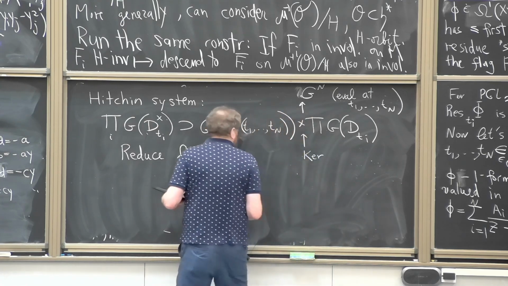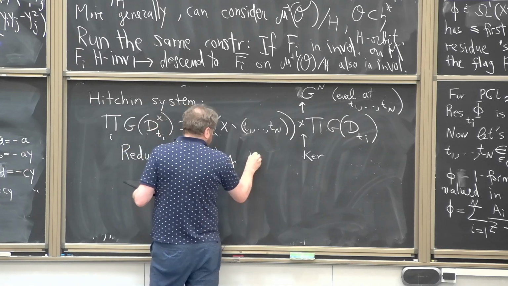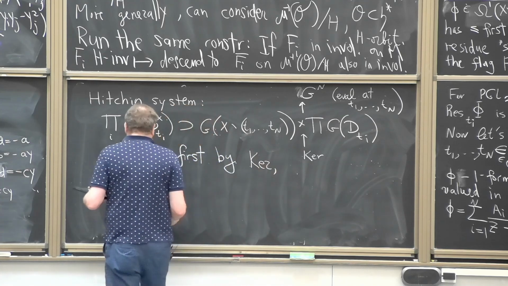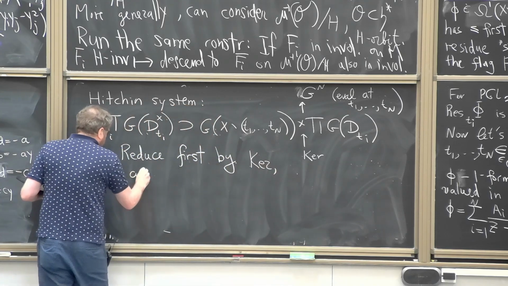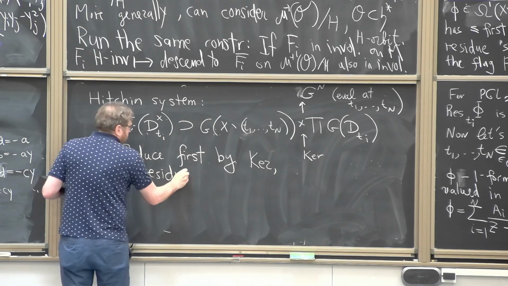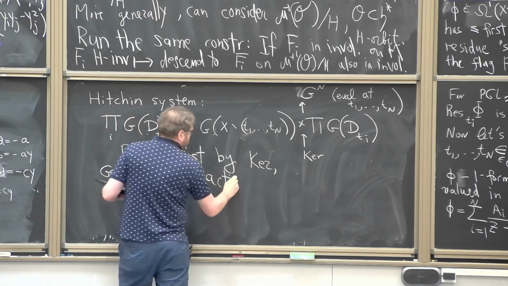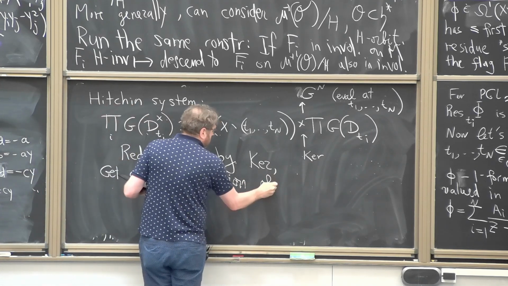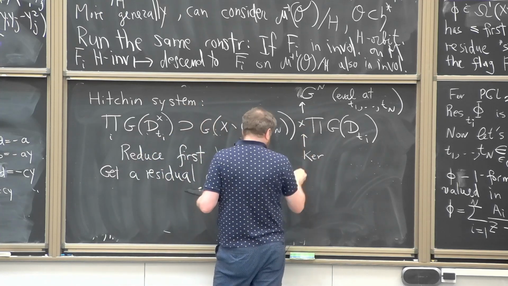So we can first reduce by the kernel, and then get a residual action of the quotient group, which is this.